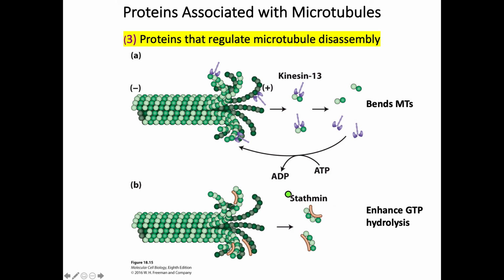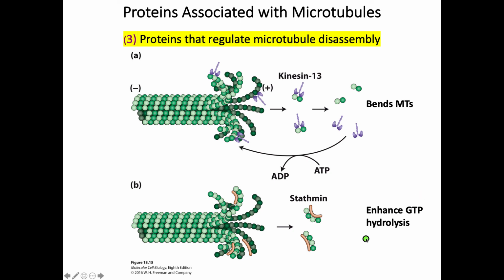On the other hand, the stathmin enhances the GTP hydrolysis. This is very specific. I will not ask whether this binds to 2 molecules or 4 molecules. Those are not very specific, so do not count on those numbers. Just remember that it also binds and bends the plus end and causes the depolymerization at the plus end. And this enhances the GTP hydrolysis.